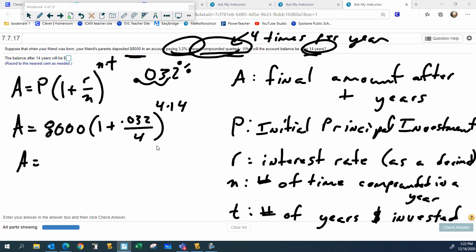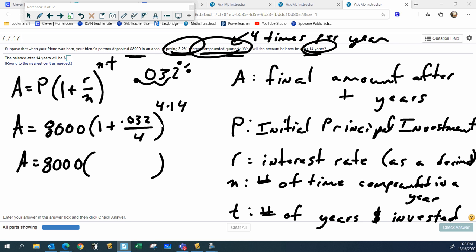What I would suggest is probably evaluate the 4 times 14 to begin with, and the 1 plus, let's make a calculator here, 0.032 divided by 4.